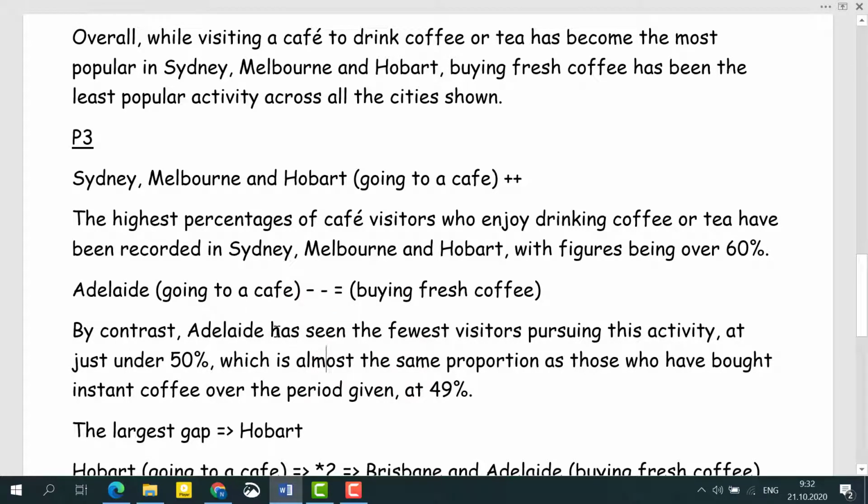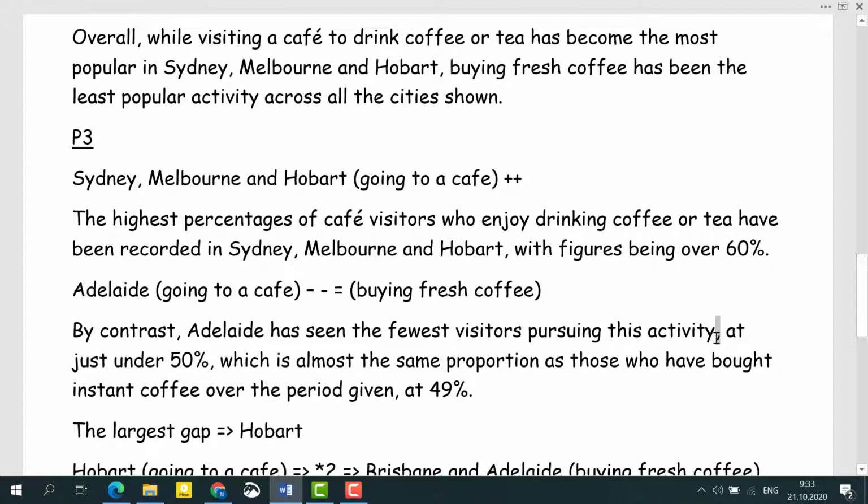So we need to use a present perfect here because we're talking about a four-week period. And here, the fewest visitors pursuing this activity. Pursuing means basically being involved in this activity, doing this activity.